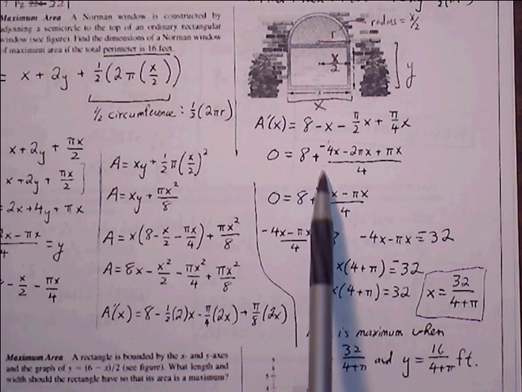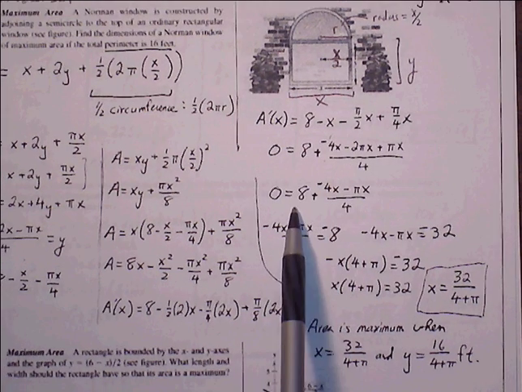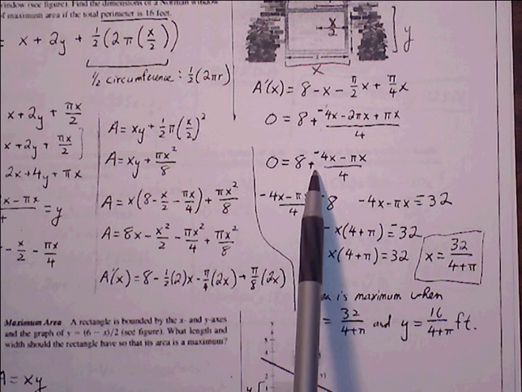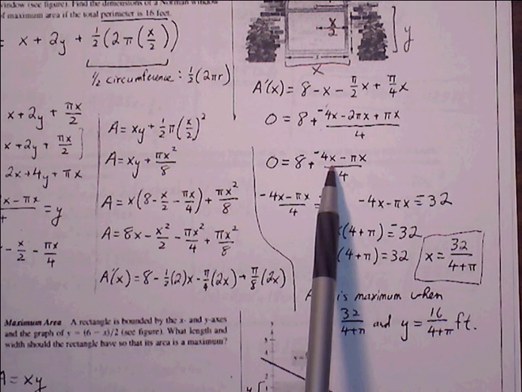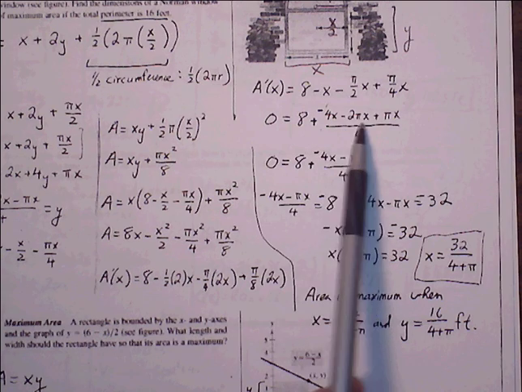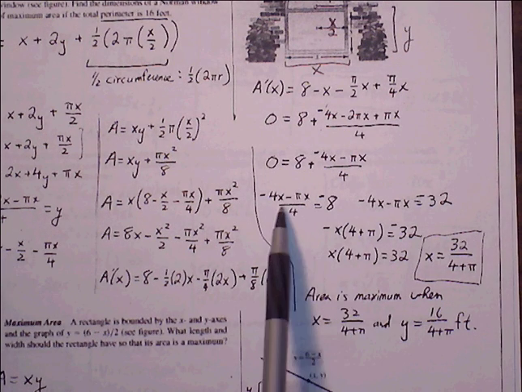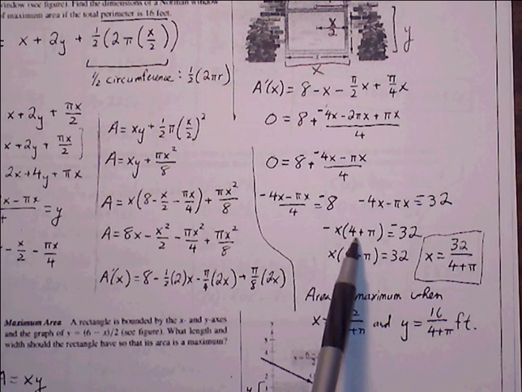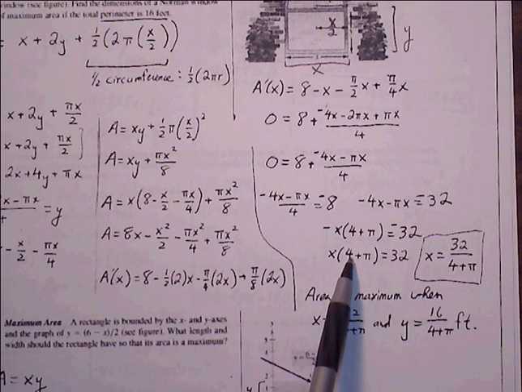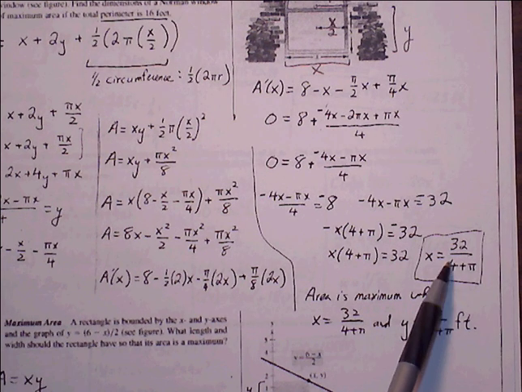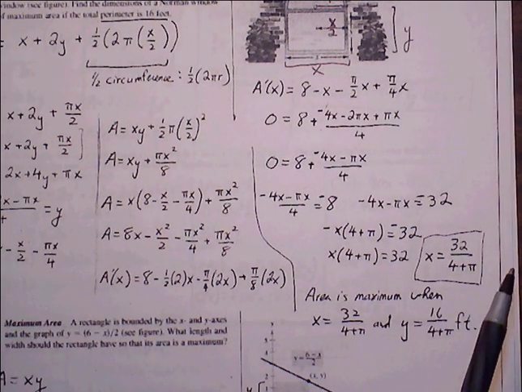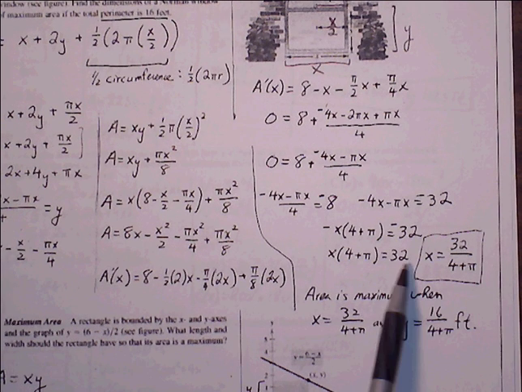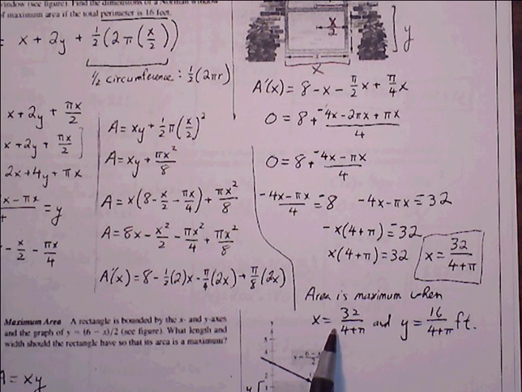So that's another way to do this. But I'm just going to go through with what I have here. 8 minus 4x minus pi x over 4. By combining like terms, bring the 8 over. Cross product, divide everything through by 4 plus pi, and I get x is equal to 32 over 4 plus pi. So therefore, the maximum area occurs when x equals 32 over 4 plus pi.